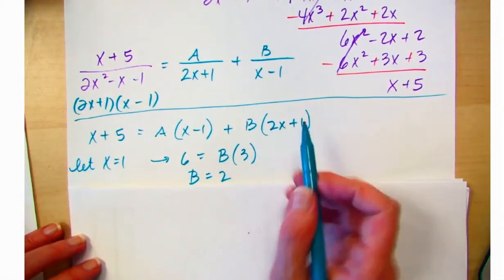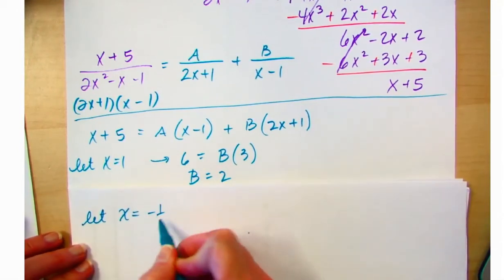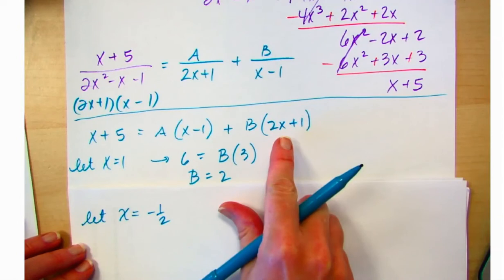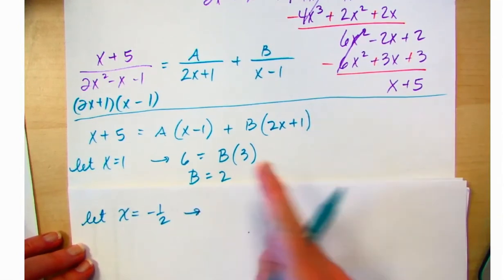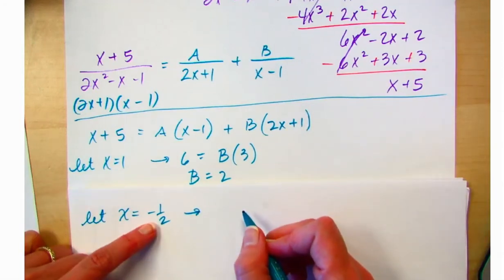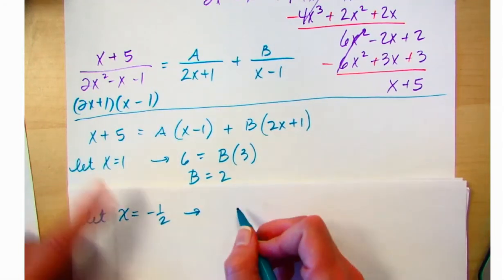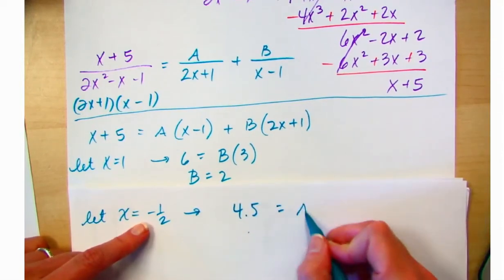Now let x be negative 1/2. You get negative 1/2 by taking 2x plus 1 and setting it equal to 0. So now that's going to cancel out the b term. So x is negative 1/2. So negative 1/2 plus 5 is 4.5. 4.5. And then we get a.